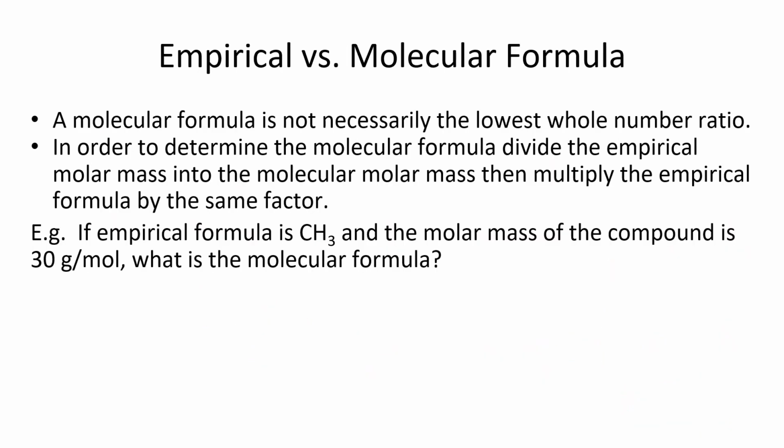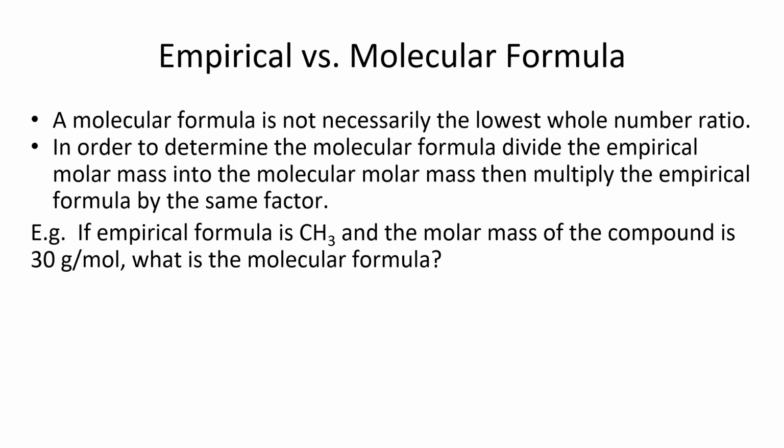Okay, so empirical formulas are great for ionic compounds because they're always empirical. But molecular formulas, not so much. So what you need to do is once you work out your empirical formula, you have to compare it to the molar mass of the actual compound to make sure that they're actually the same. And if they're not, you have to multiply in order to find out what the actual molecular formula will be.